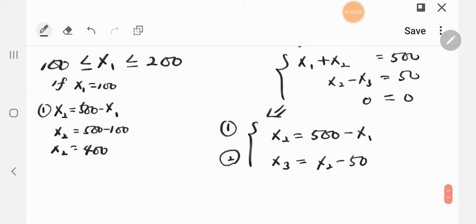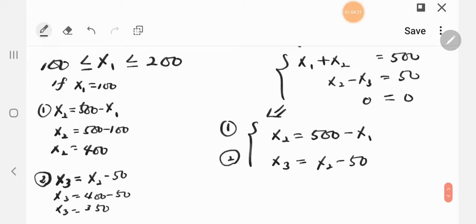From the second equation, we get the number of cars for x3. Then x3 is x2 minus 50. Since x2 is 400, x3 is equal to 350. So we found the values of x2 and x3 if x1 is 100.